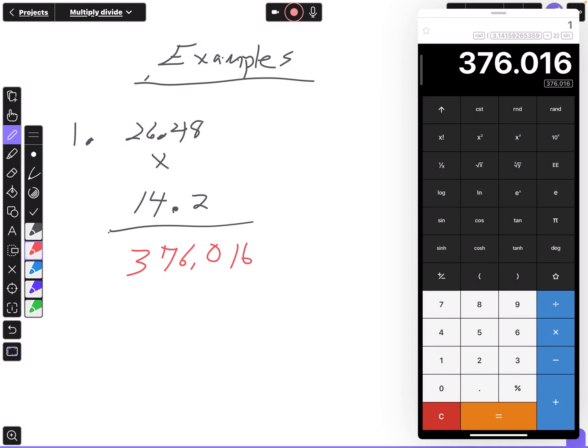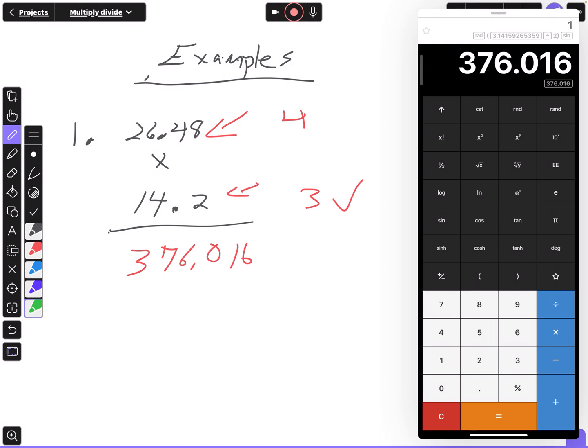Now that answer has 6 significant figures, but I've got to match up the answer with the number I multiply by that has the least amount of significant figures. This number has 4 significant figures. This number has 3 significant figures, so my answer needs to have 3 significant figures.